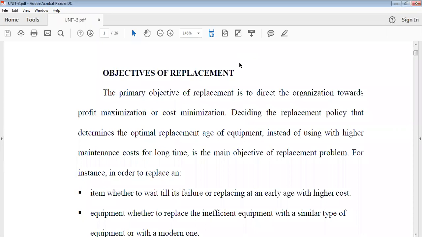At 10 years it has to be replaced, or 5 years, or for bulbs 1 year. That replacement time you have to analyze.